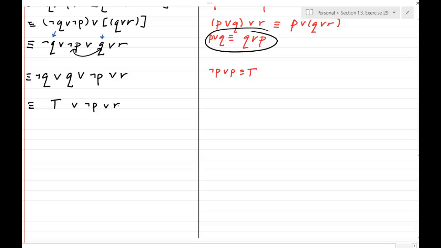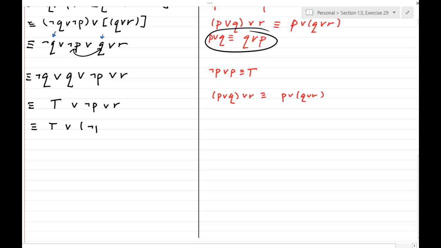Okay. Now there's a couple of different things you could do. You could think about doing true or not P, show that's true, then say true or R, say that's true. You do two steps here. Or you could use associativity of or: P or Q or R is logically equivalent to P or Q or R. And use that to say, okay, this is the same as true, and then I'm going to group that second part into just one proposition.